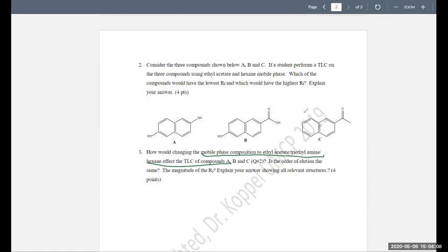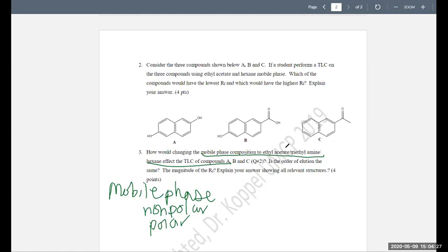And so what's going on is when you look at your mobile phase composition, of course you have a more nonpolar phase and you have more polar, and so you can use the chart, I think page 35 or 34, to assess those eluting powers and all that. So here I know my nonpolar is hexane and my polar is ethyl acetate.